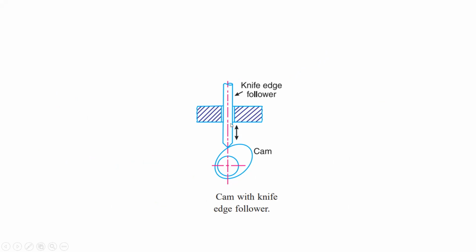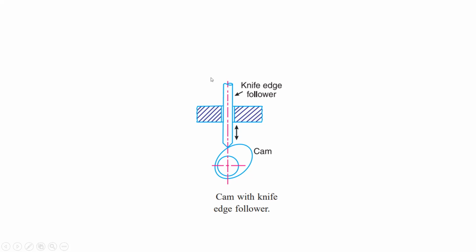So the follower is just resting on the cam surface here, and the contact between these two, that is between follower and cam, is ensured with the help of the weight of the follower. The knife edge follower has some weight, it will be acting downward, and that force will keep these two things together, in contact. Then this cam will rotate like this, and the follower will reciprocate.